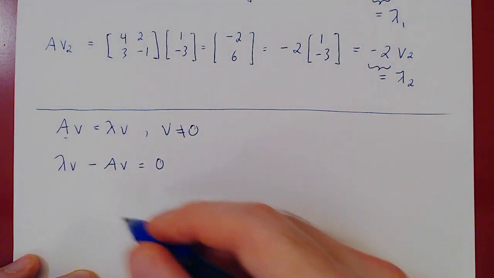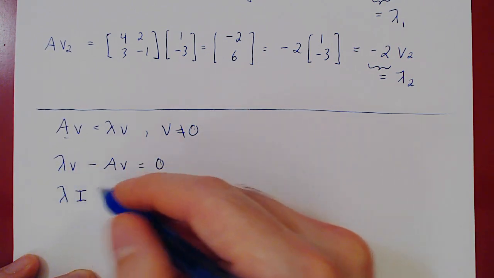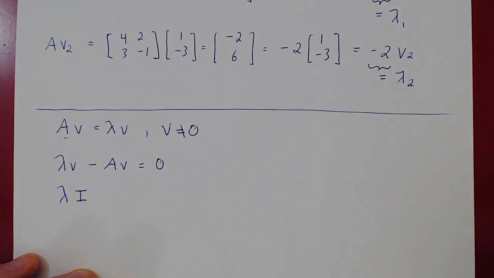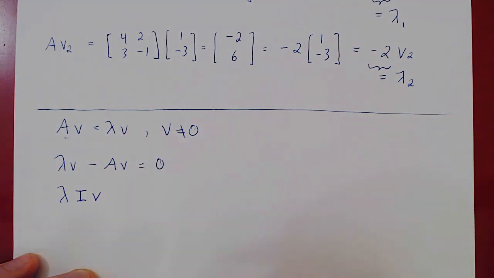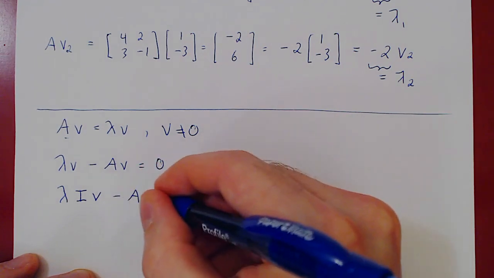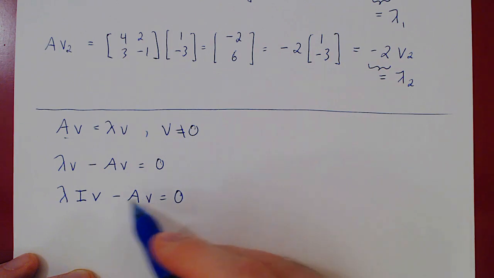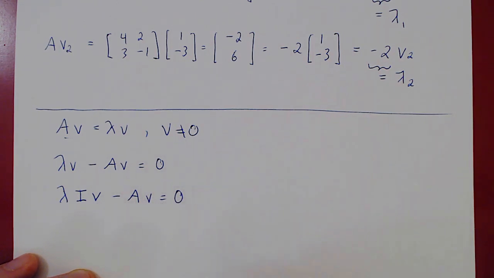Write v as I times v. Since A is an n by n matrix, I will be the n by n identity matrix. So lambda I v minus Av equals the zero vector, and you see that both are multiplying v, so you can factor v on the right of this product.